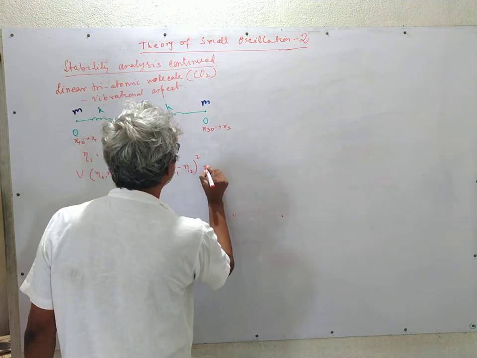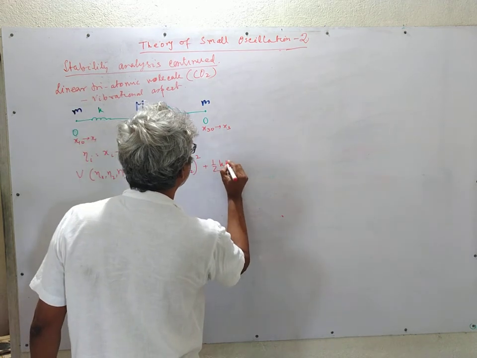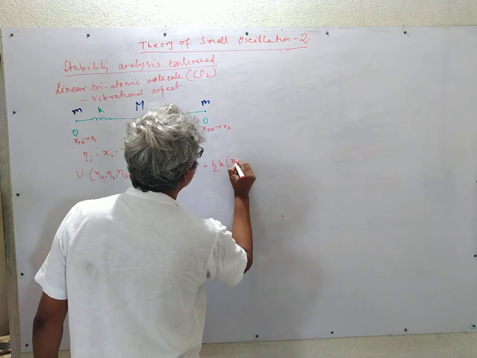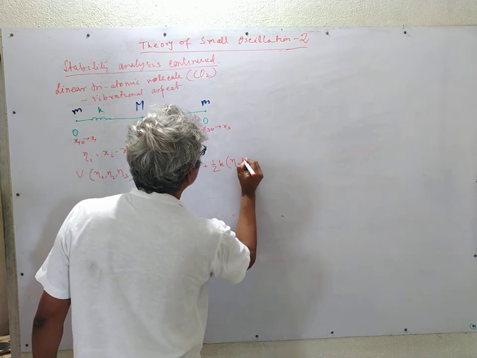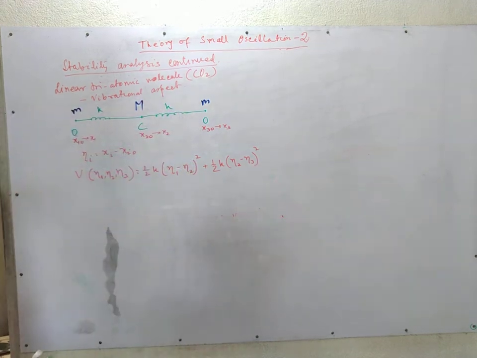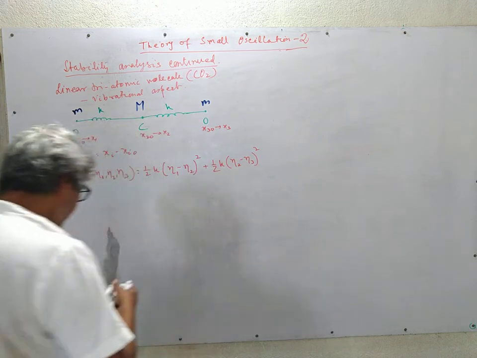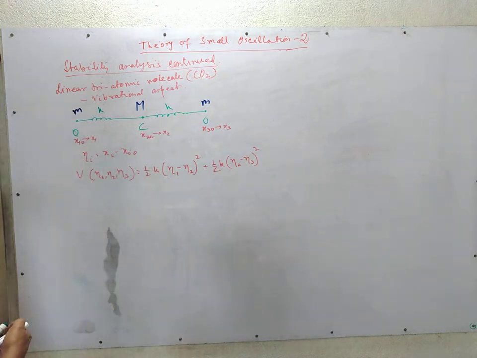And for the other spring, the potential energy is half k eta 2 minus eta 3 squared. So this is the potential energy.